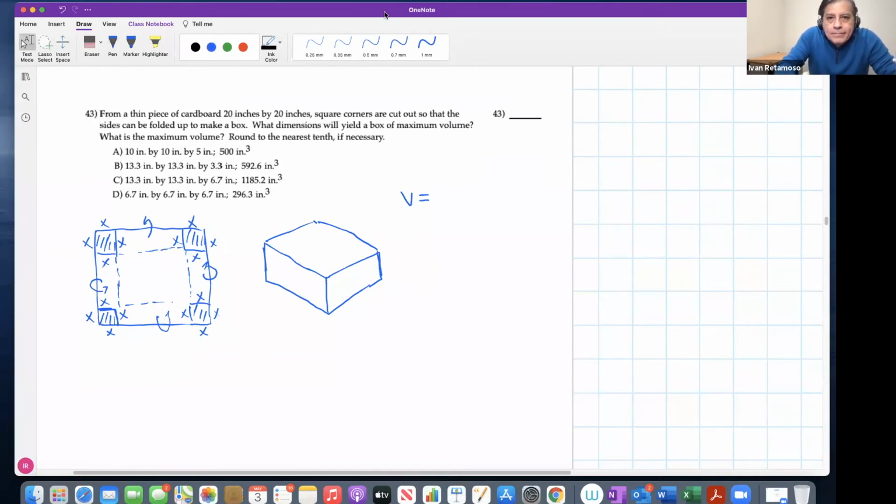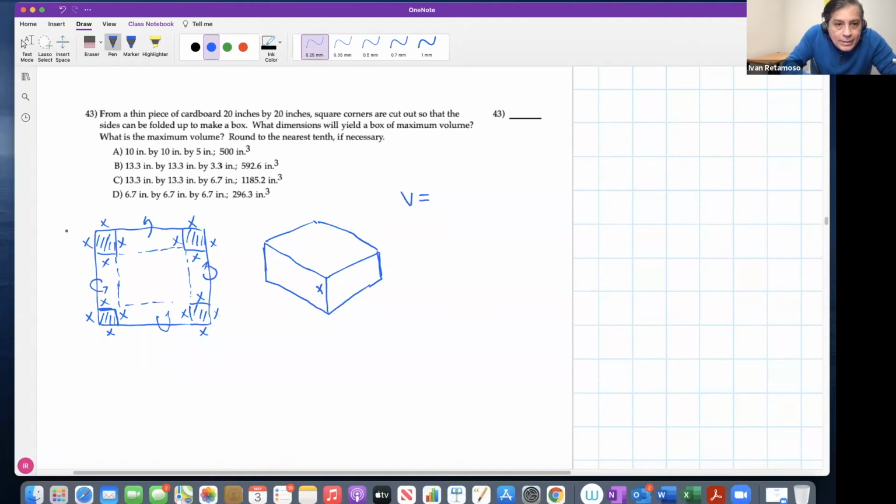I can see. Very good, Jolan. X, that's the key here. No matter what you do, if you are cutting off squares with side X, the height has to be X. So we're folding this up. Now, what should be this guy and this guy? Anybody could tell me in the chat?